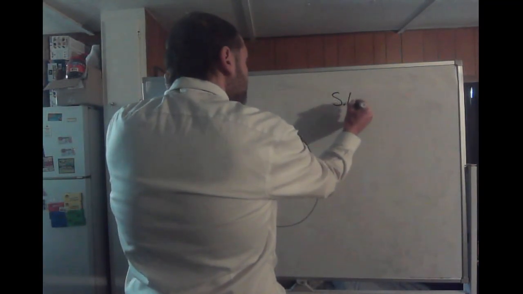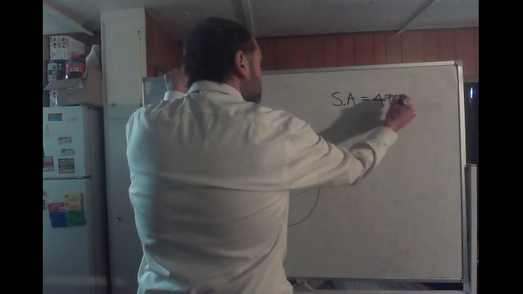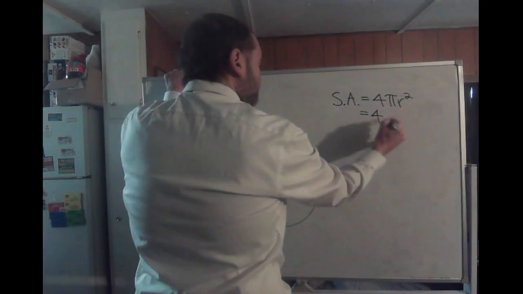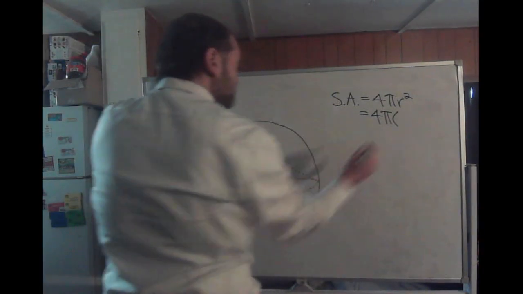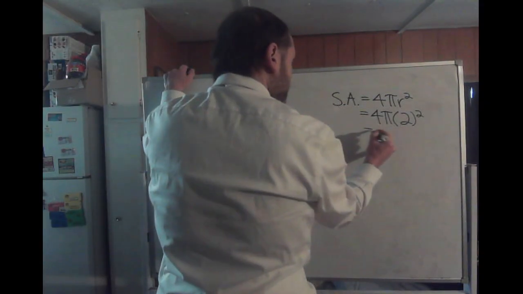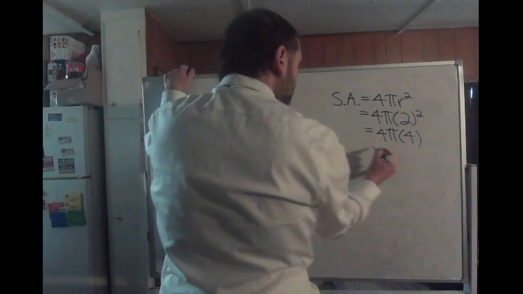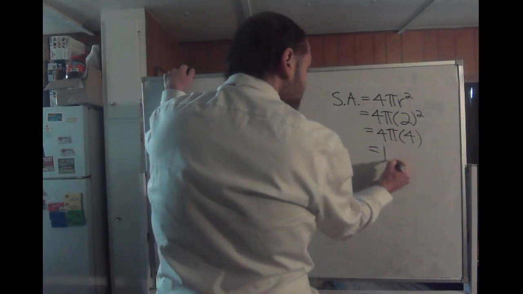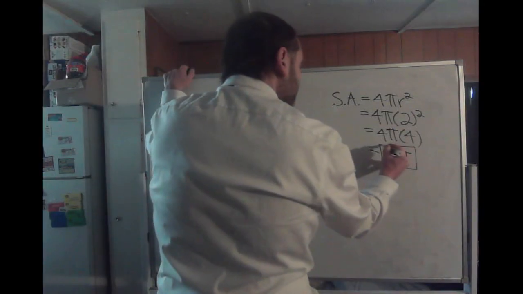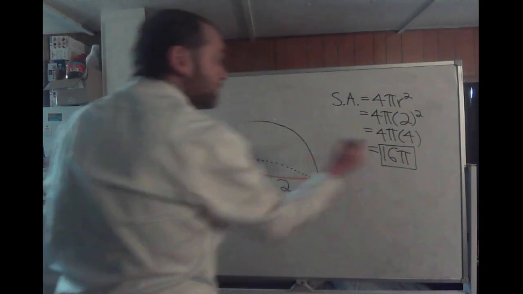The surface area of a sphere is equal to 4 pi times the radius squared, which would give you 4 pi times 2 to the second power, which is 4 pi times 4, giving you a surface area of 16 pi square units.